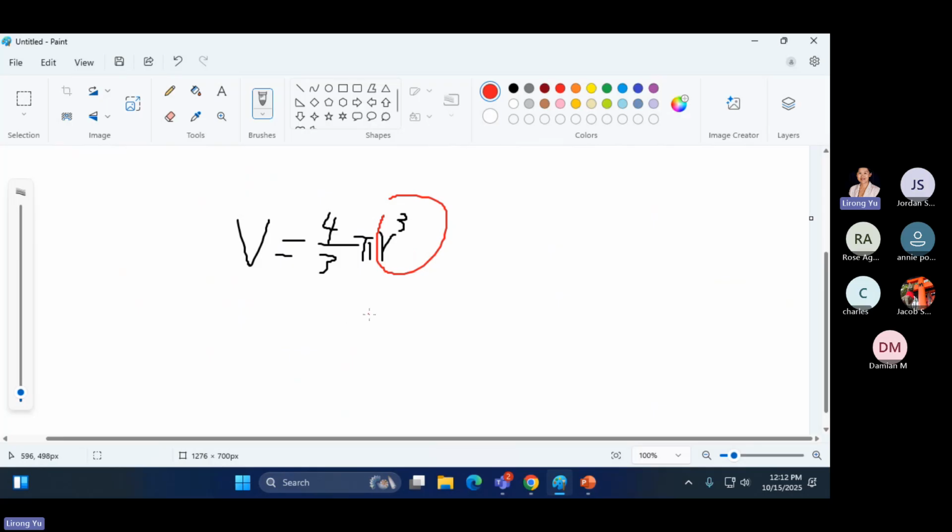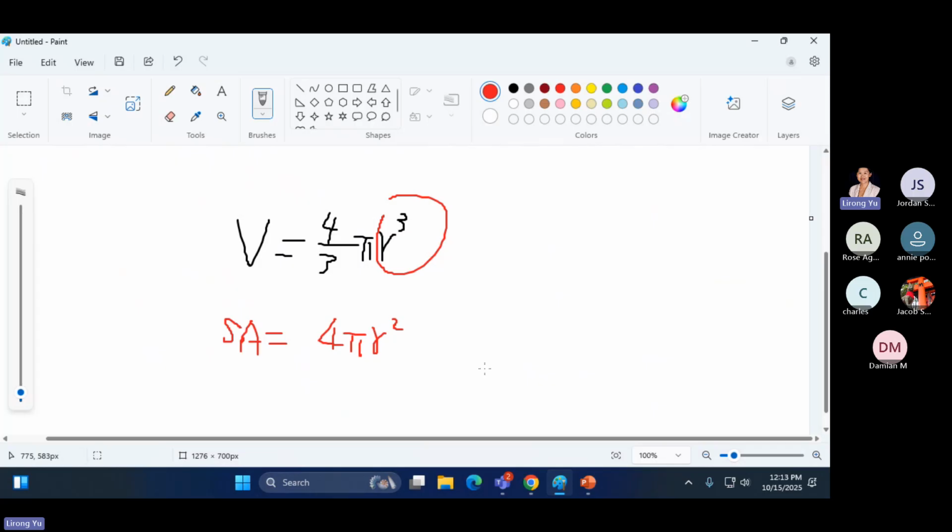Another thing is you can think of the derivative of this function, which will be 4 pi r squared. If you find the derivative of this volume formula, you get 4 pi r squared, that's the surface area formula. So whenever we differentiate a three-dimensional measure, we end up with a two-dimensional measure. At least that's how I remember it.